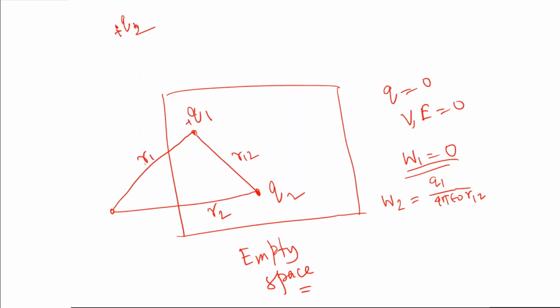This will be the potential created by the charge Q1 times the magnitude of the charge Q2. So I got the potential energy. If I have simply a two charge system Q1 and Q2, what is the potential energy? Then I write Q1 Q2 by 4 pi epsilon naught R12.